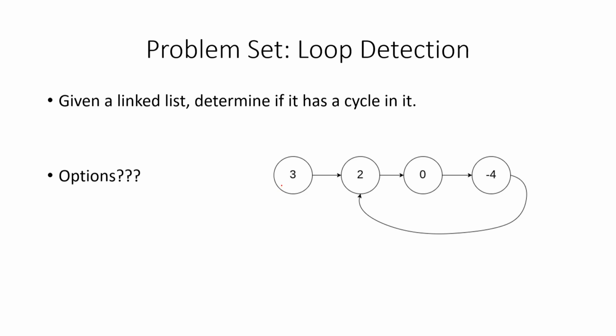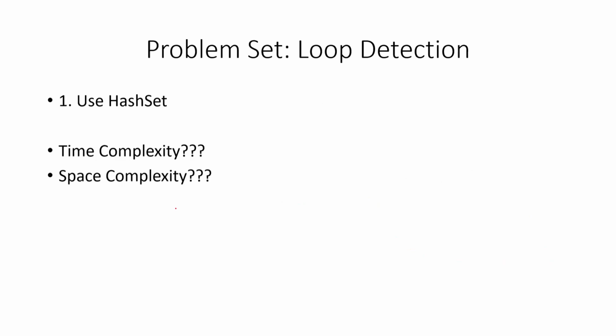Again, in a linked list, it is possible that we have a cycle where the node of -4 points to some node that has been before, in this example the 2. So again, in the linked list, we have access to the head of the linked list, and we need to determine whether it has a cycle or not.